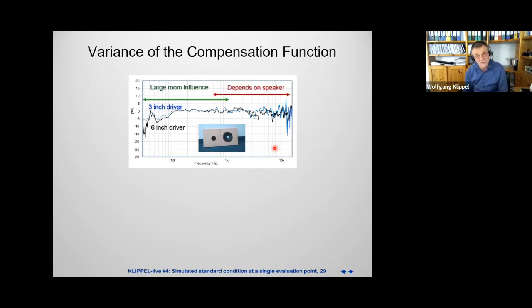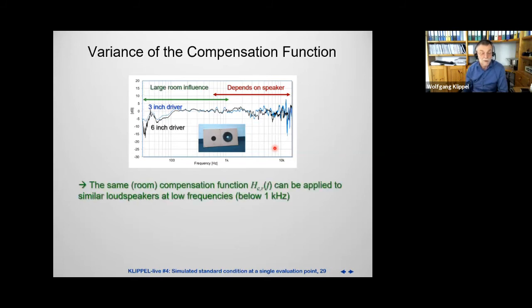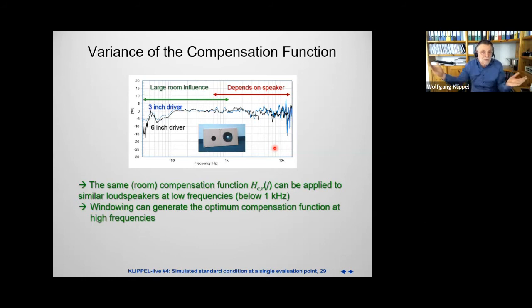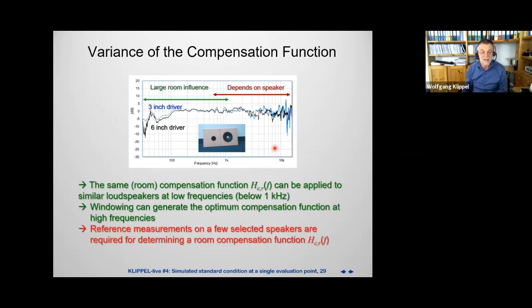But at higher frequencies, the two drivers are already so different that we can never apply the same compensation function. But at lower frequencies, that's possible. We can combine this with some windowing, and then we still get very good results.